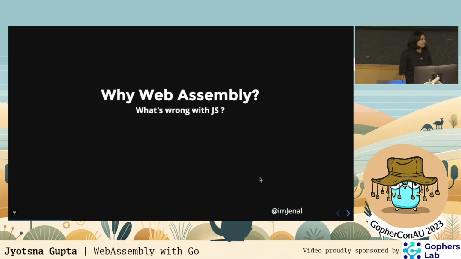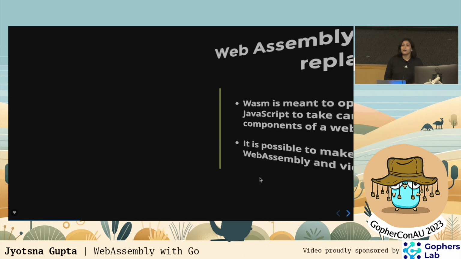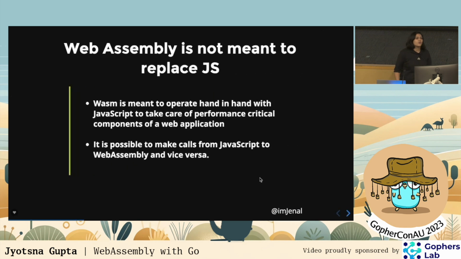So a lot of you might be thinking that JavaScript already exists, right? So why do we really need WebAssembly? Or a few of you might be thinking that JavaScript will be replaced by WebAssembly. So I'll make a statement here that JavaScript is a very versatile language. It's very amazing, but WebAssembly is not here to replace JavaScript.